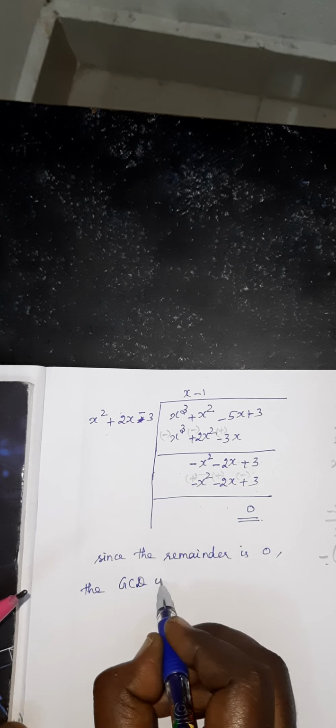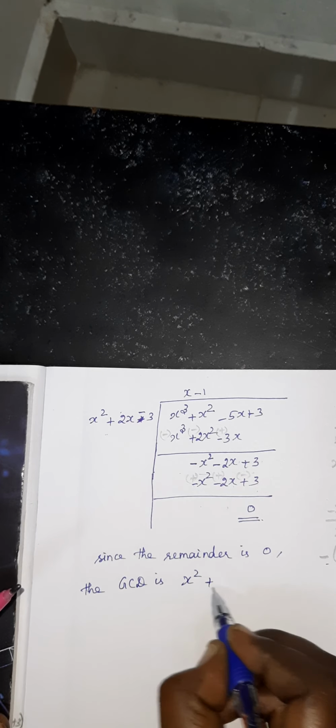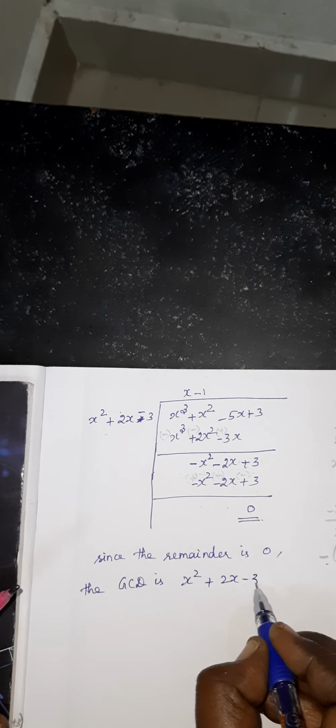Since the remainder is 0, the GCD is x square plus 2x minus 3. Okay, so we can write the answer with the question.